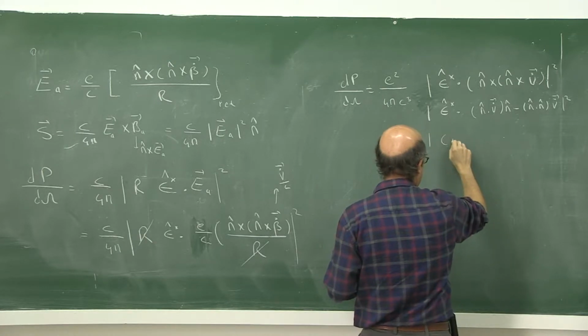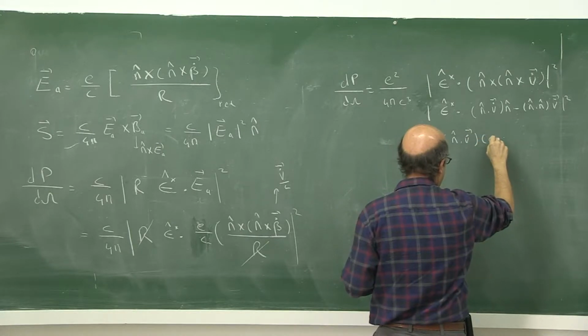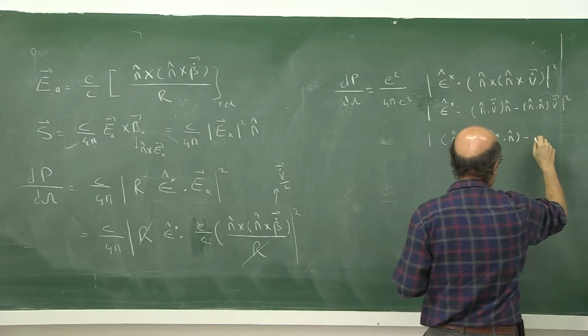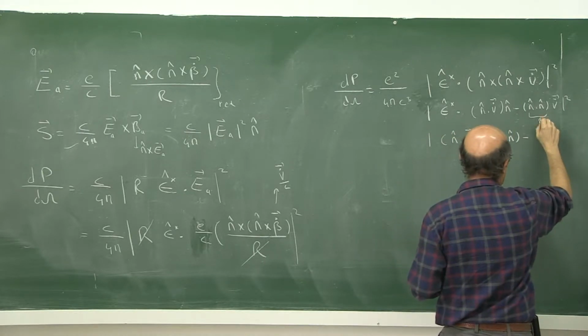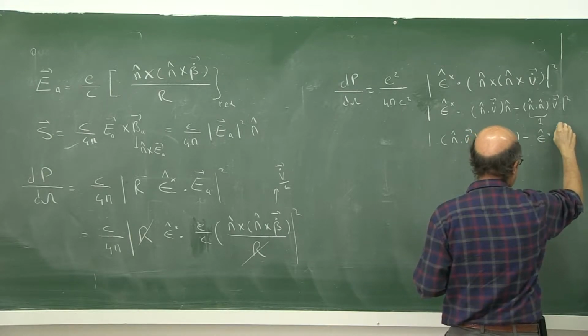This will be n dot acceleration times epsilon complex conjugate dot n, and n dot n is 1, minus epsilon complex conjugate dot v dot.